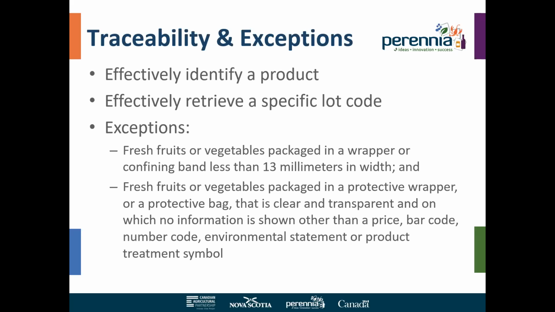There are some exceptions, and you folks are responsible for going through and determining whether or not you meet the exceptions or you have to have these traceability programs in place. One of the exceptions says fresh fruit or vegetable packaged in a wrapper or confining band less than 13 millimeters in width, or fresh fruit and vegetables packaged in a protective wrapper or a protective bag that is clear and transparent and on which no information is shown other than the price, barcode, number code, environmental statement, or product treatment and symbol.